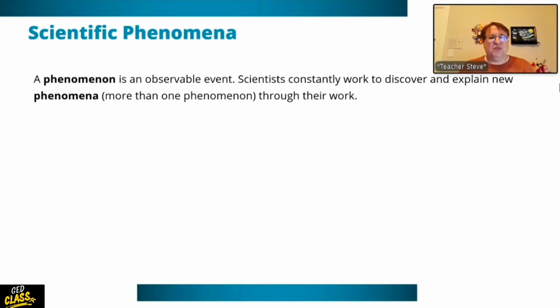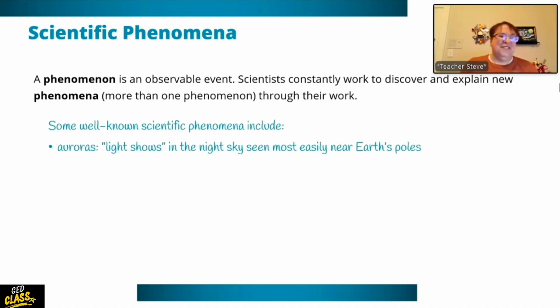So a lot of times, what we're dealing with in science are scientific phenomena. In other words, it's something that you observe. Like, I observed a lot of snow. How do we explain that? Or we can think about other things like the auroras.